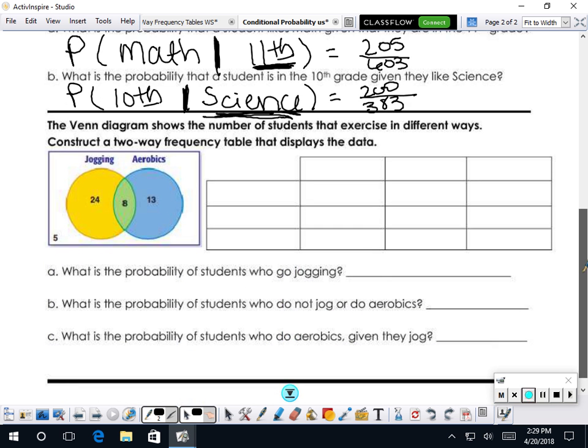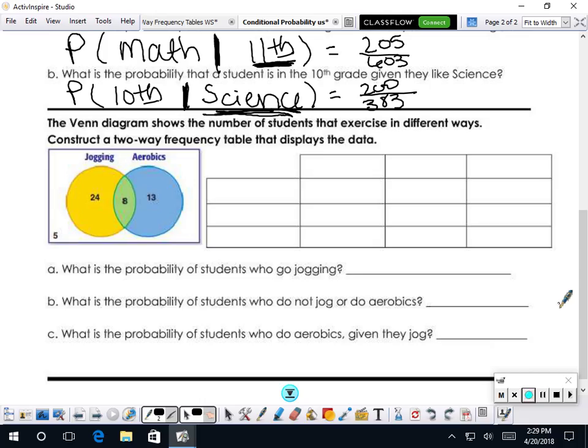Looking at the last example on the back here, they have us looking at a Venn diagram, using that information to fill in the table, and then we're going to answer the questions about it. Okay, so the Venn diagram shows the number of students that exercise in different ways. Construct a two-way frequency table that displays this data. Okay, so we've got jogging and aerobics.